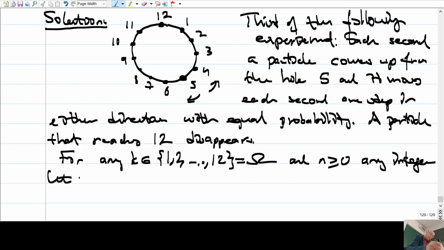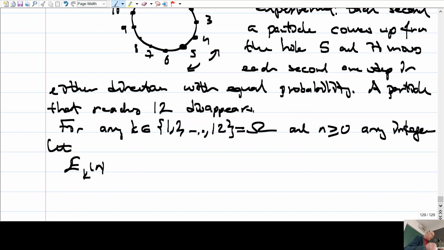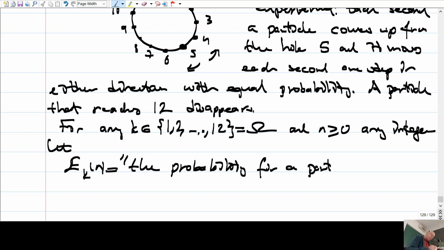Let E k n be the probability for a particle being at the kth place.